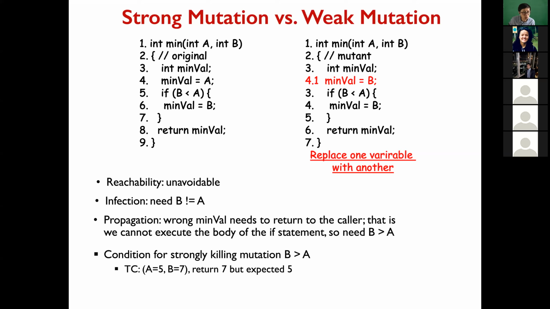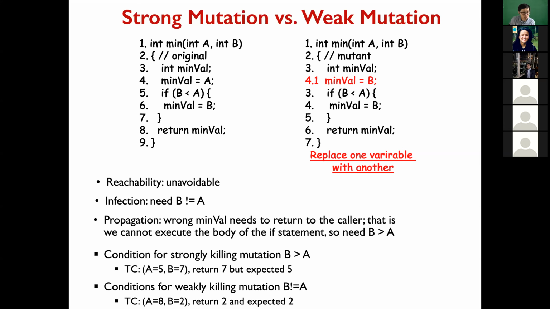For example, if A equals 5 and B equals 7, the first program returns 5, but the second program returns 7. So that's a propagation.